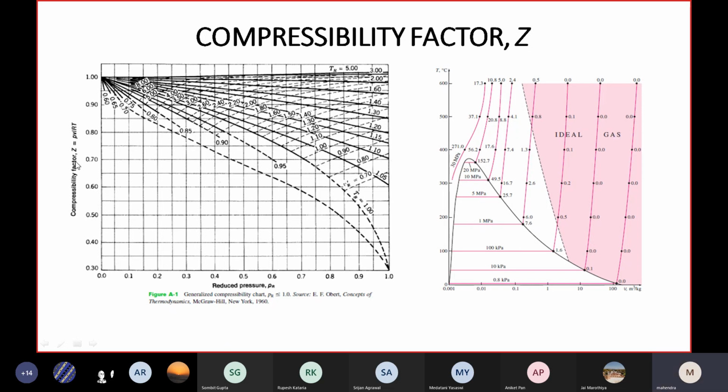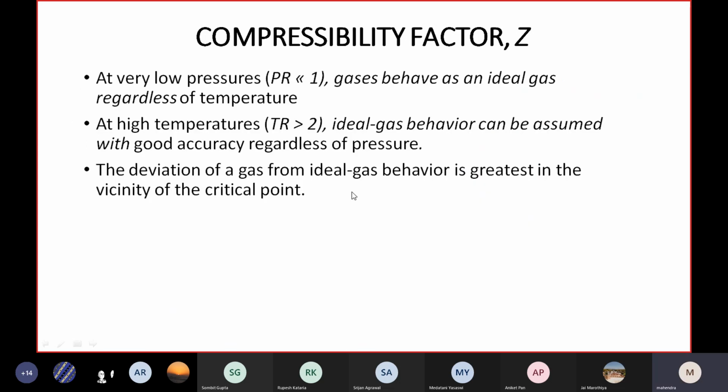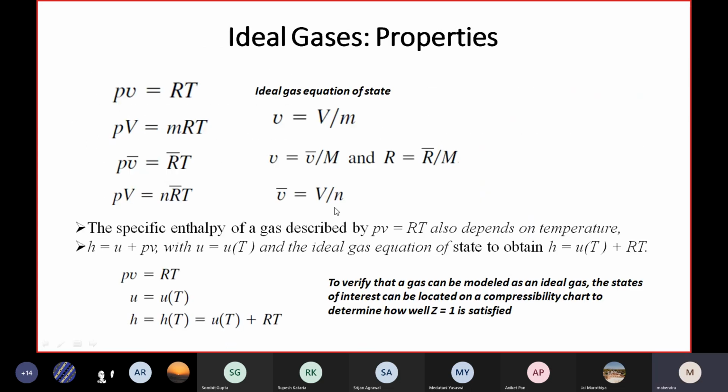We have taken the compressibility factor error, the deviation from actuality, within 1%. In that case, steam is considered as an ideal gas in this zone. These 3 points we have discussed already.